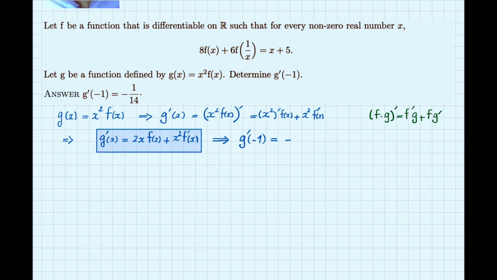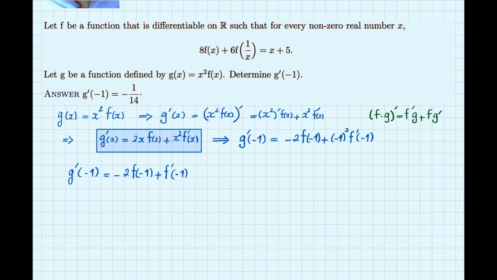This becomes minus 2 f of minus 1, plus minus 1 to the power 2 times f prime of minus 1. Finally, g prime of minus 1 is equal to minus 2 f of minus 1 plus f prime of minus 1, because minus 1 to the power 2 is positive 1.